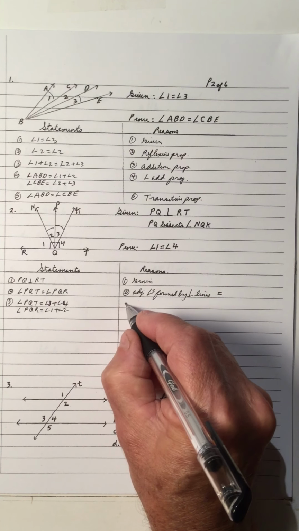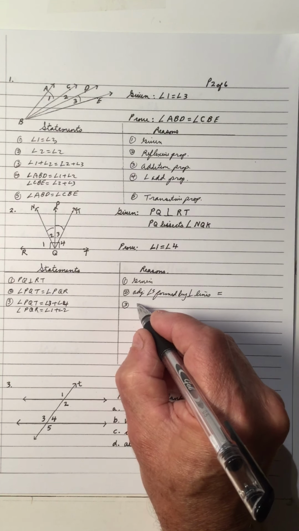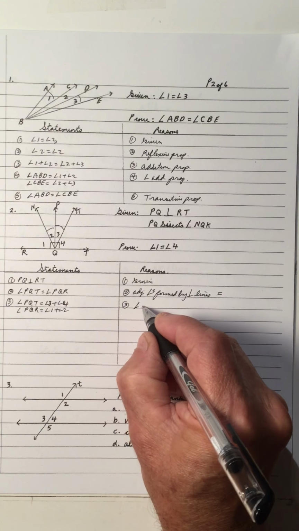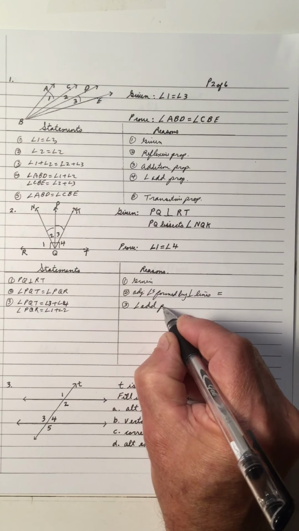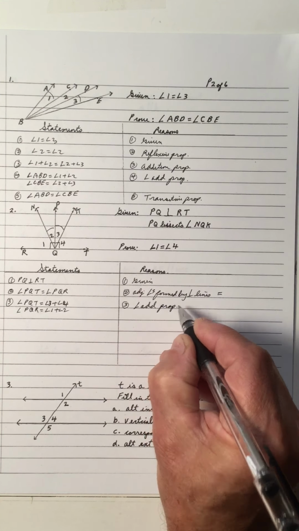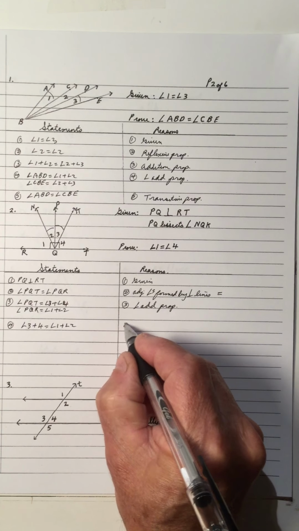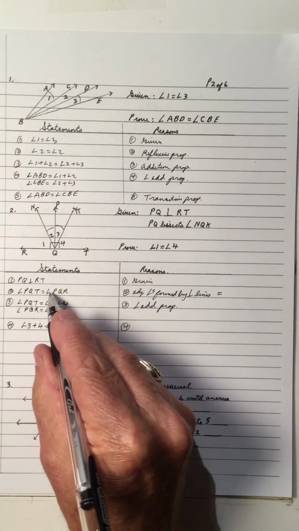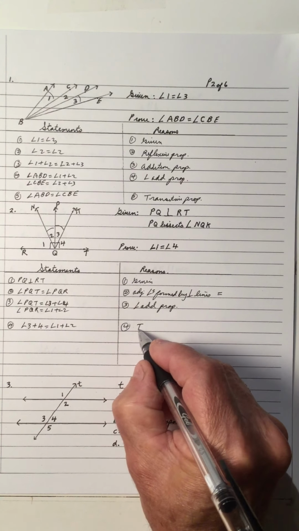And that's the angle addition property. And now we have angle 3 plus angle 4 is equal to angle 1 plus angle 2, because they're equal here, and that's the transitive property of equality.